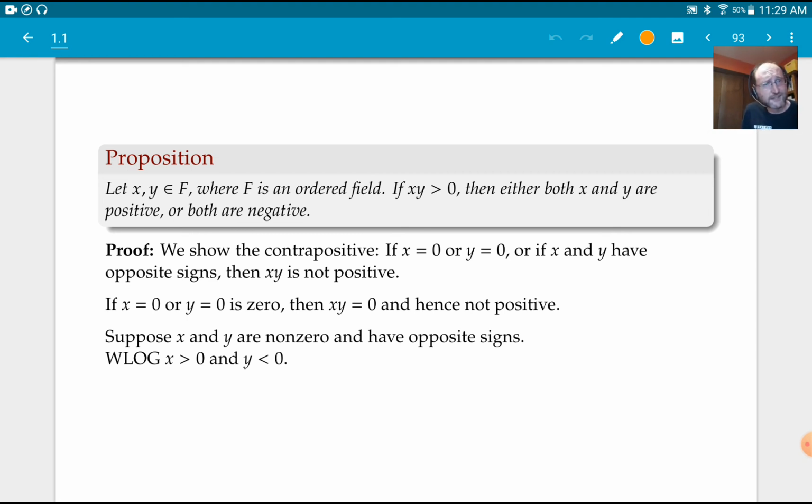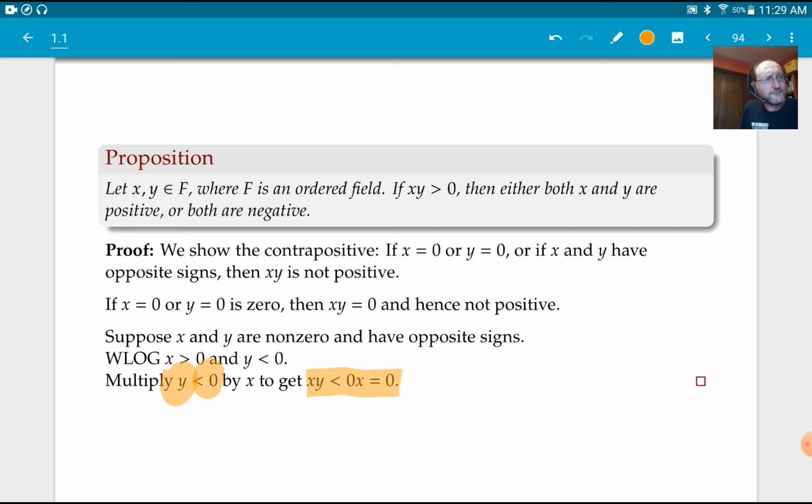So we can assume x is bigger than 0 and y is less than 0. Since x is positive, we can multiply y is less than 0 by x, and the inequality is preserved. So we have x times y is less than 0, and that's exactly what we wanted to prove.